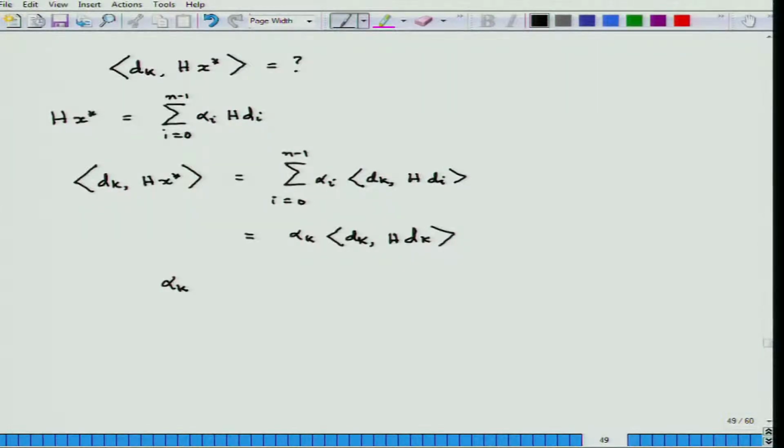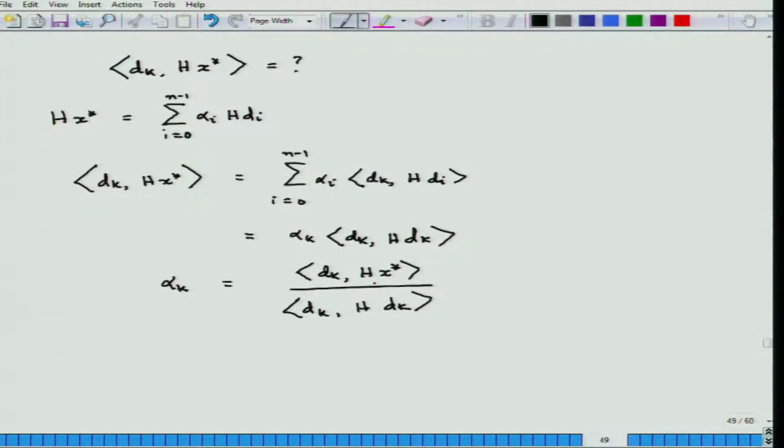So, now alpha k can be written as dk h x star, divided by dk h dk. Because h is positive definite and the dk's are not equal to 0, because they are part of a set of linearly independent vectors, this is strictly bigger than 0, so I can divide both sides.